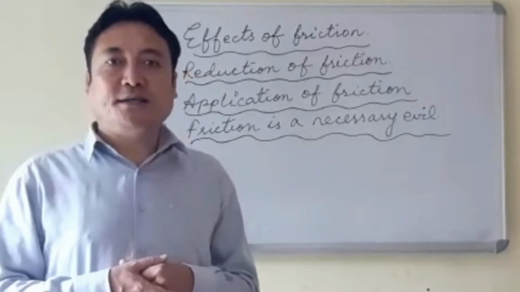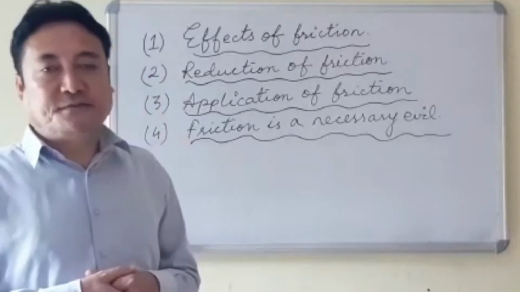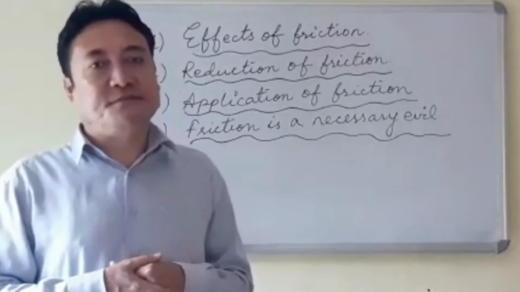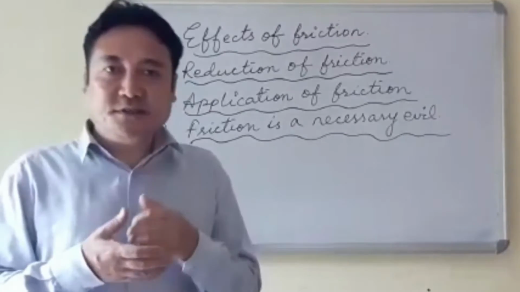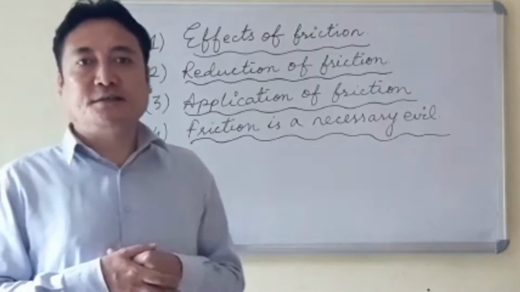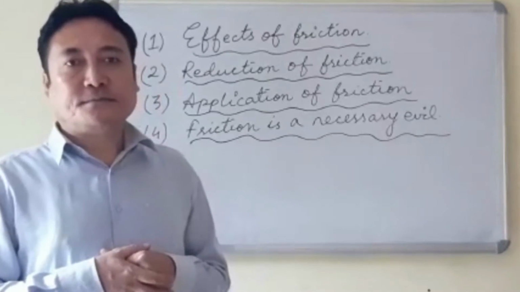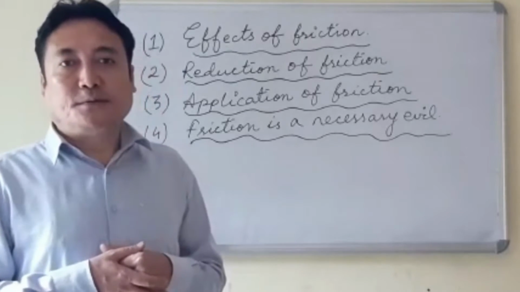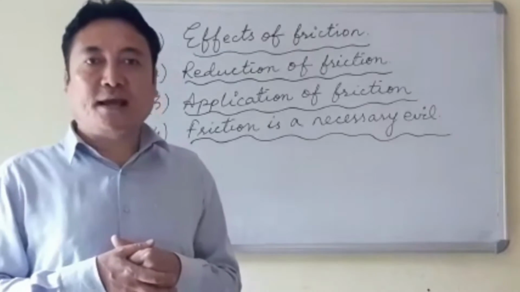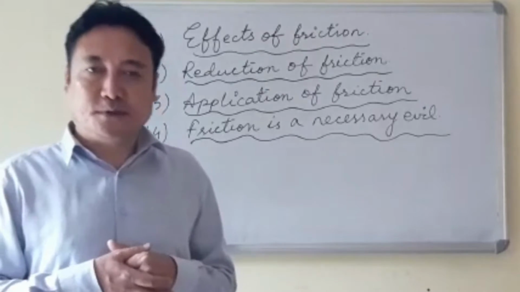Now the first one is effects of friction. Various effects of friction are there. The first effect is that friction opposes the motion of a body and stops the moving body.